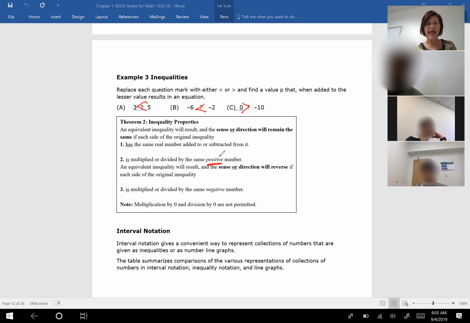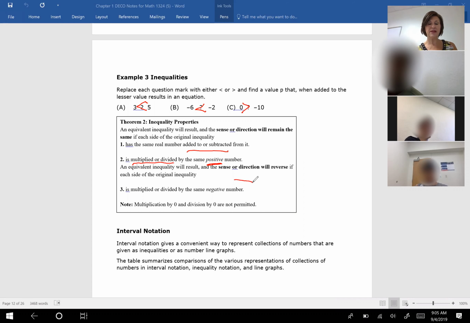So I can add or subtract, and I can multiply or divide by a positive number. Nothing happens to my inequality. But I've got to be really careful if I ever have to multiply or divide by a negative number.